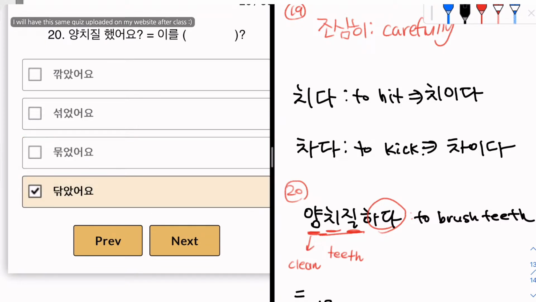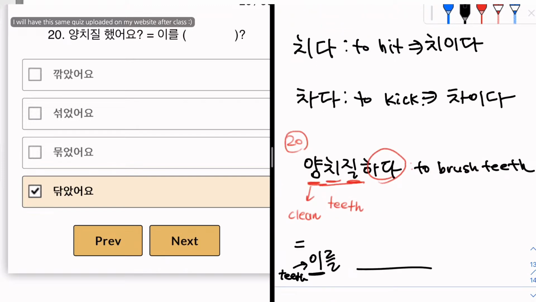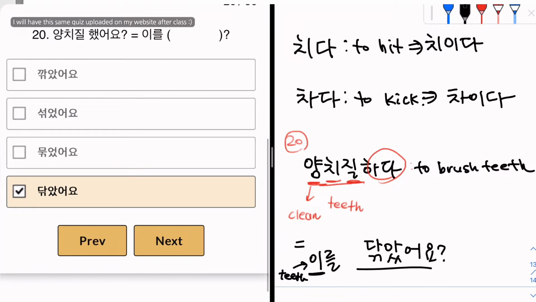I gave you all the hint, right? So obviously, it should be 닦다. So 닦다, conjugated in past tense, 닦았어요. 이를 닦았어요 is the synonym of 양치질했어요. Did you brush your teeth? 닦았어요. Since 이 is an object, this verb has to be a transitive verb. So 닦았어요.